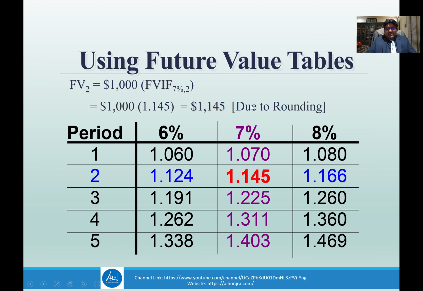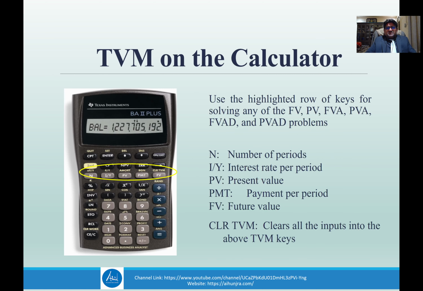The same question we can calculate with the time value of money calculator, using the highlighted row. Here is the highlighted row. N means number of time periods. I means interest rate. PV is present value. FV is future value. PMT is used in annuity, where there is more than one payment.